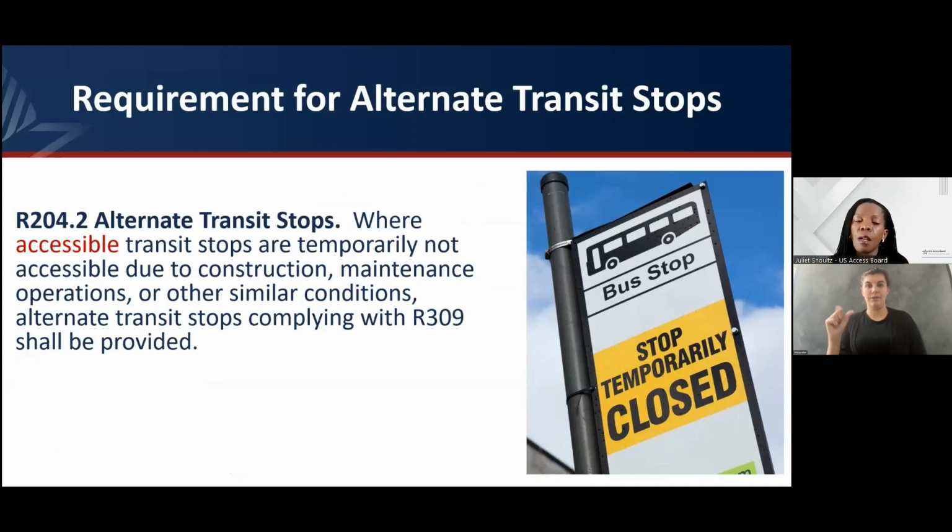So if you have a transit stop that is accessible and it's temporarily not accessible, you need to provide an alternate transit stop that is accessible. And R310 provides the technical specifications for accessible transit stops.